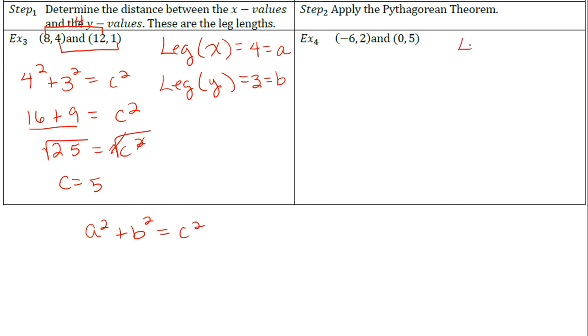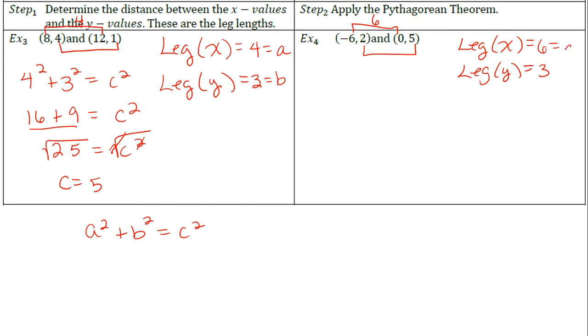We're going to have a leg that comes from the x values, and we'll have a leg that comes from the y values. So we have a horizontal leg and a vertical leg. So our horizontal is the distance between -6 and 0. So again, it's positive because we're talking about a length here. And then our vertical is the distance from 2 to 5, which is 3.